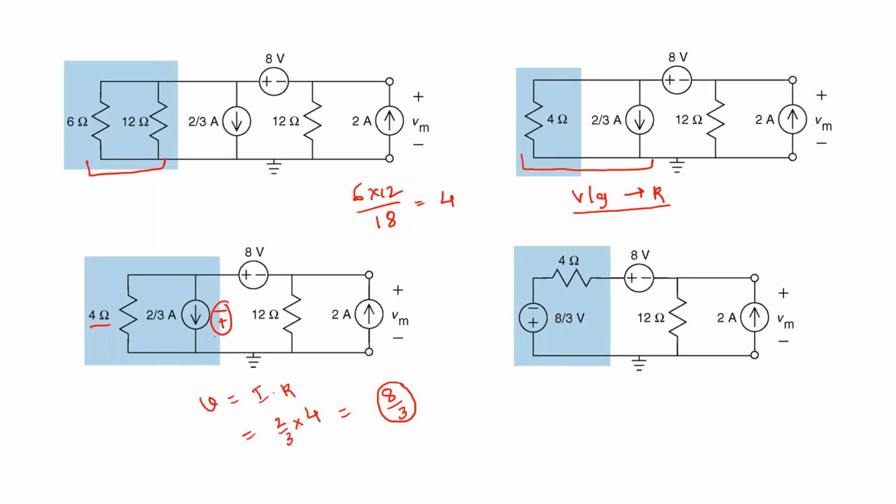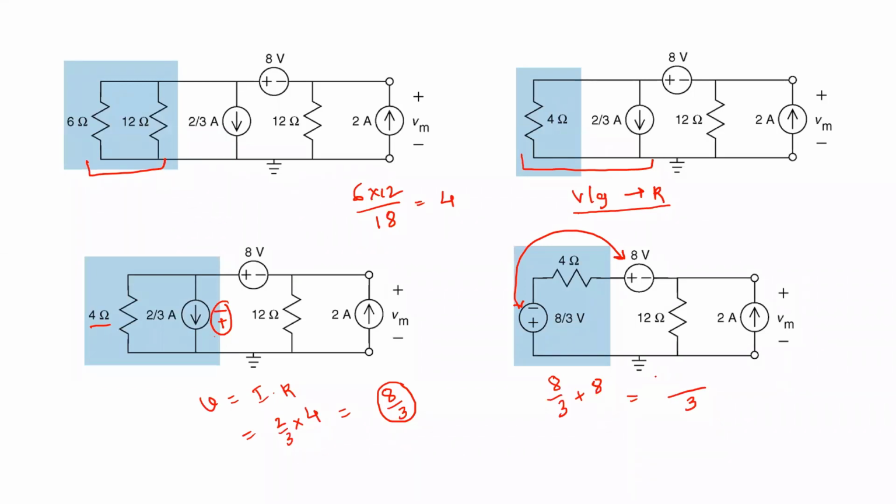Next, here two voltage sources are connected in series. Either they are added or subtracted. In this case, they are added because alternate polarities are connected. So 8 by 3 plus 8 is the total voltage.